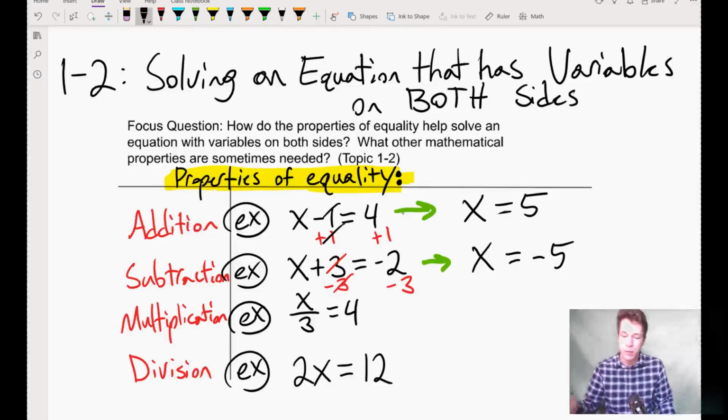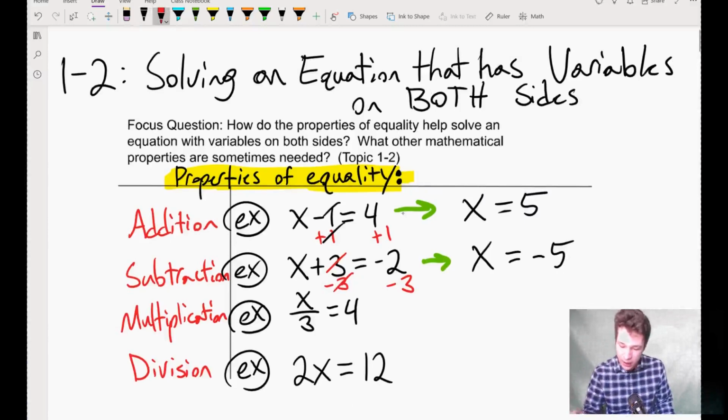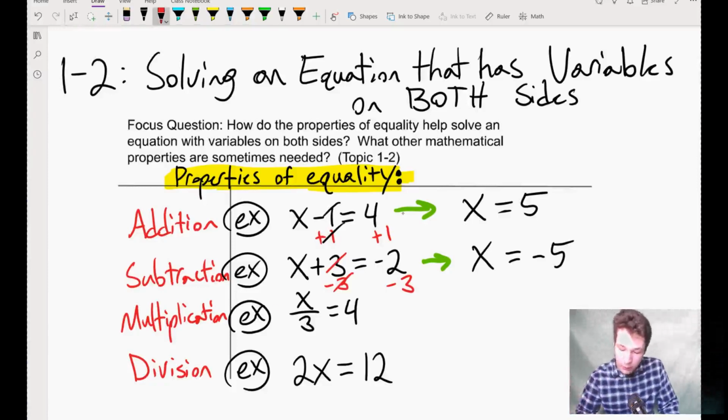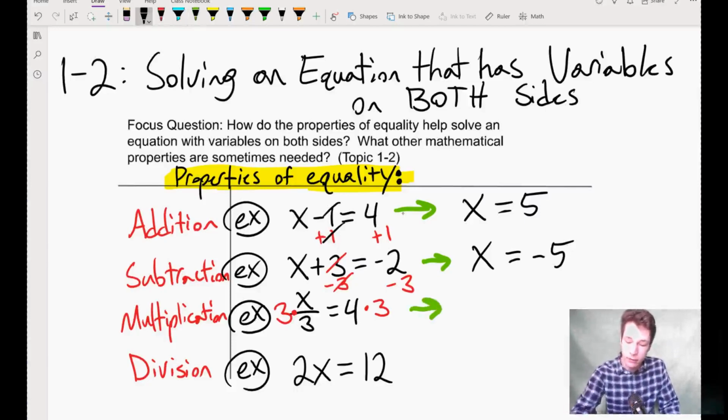Okay. Multiplication property. This helps us get rid of fractions. You might notice that we have a fraction here, x divided by 3. What we can actually do is multiply both sides by 3. The reason I can do this, and the reason I want to do this, is that I can actually eliminate the 3 in the denominator of that fraction, leaving me with just x on the left side.